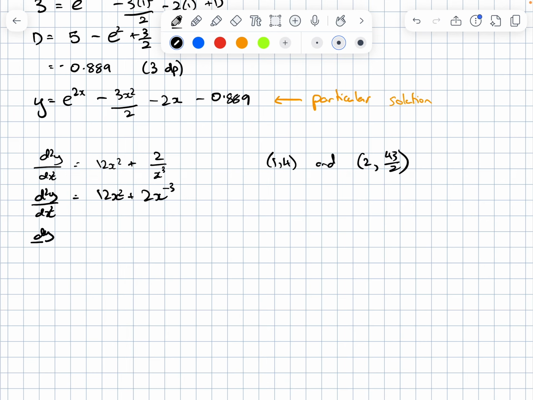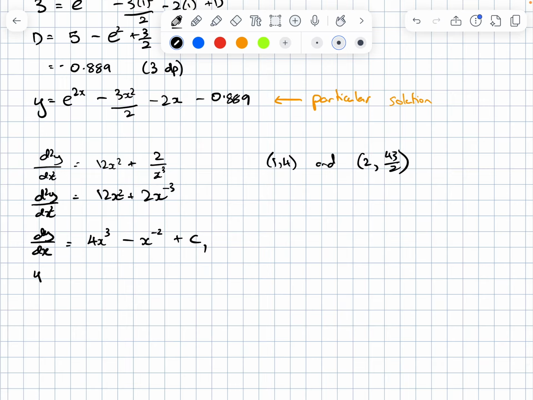We're going to get dy dx equals 12x squared integrates to 12x cubed over 3, or 4x cubed, and then 2x to the power of negative 3 integrates to 2x to the power of negative 2 over negative 2, which is negative x to the power of negative 2 plus c. This time I'm going to use c1. We don't have a condition that has derivatives, so we need to integrate again.